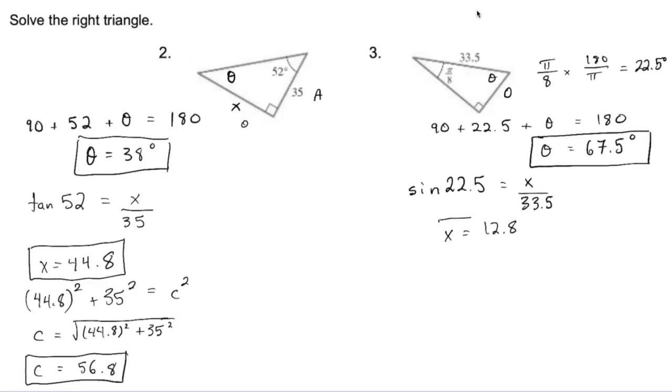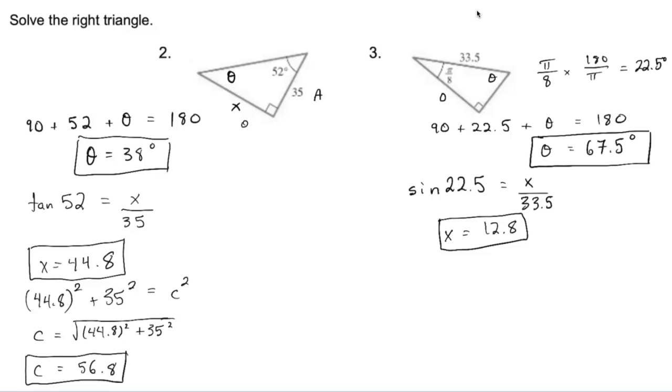So I have the opposite side. But it doesn't matter in this case. I'm going to use sine again for the next one. So what that means now is that the opposite side is going to change. Now it's over here.